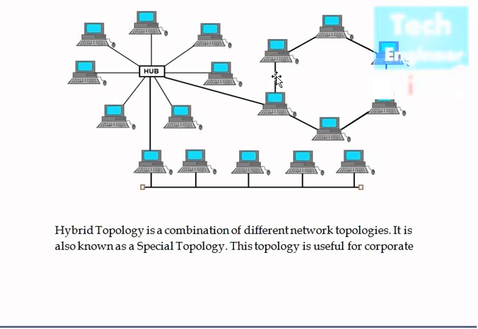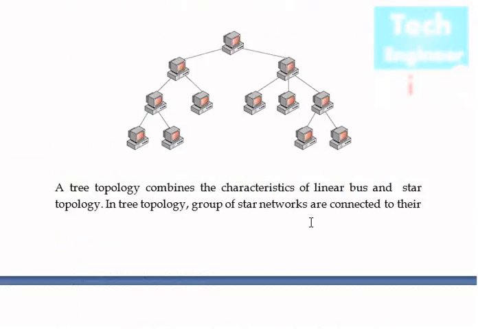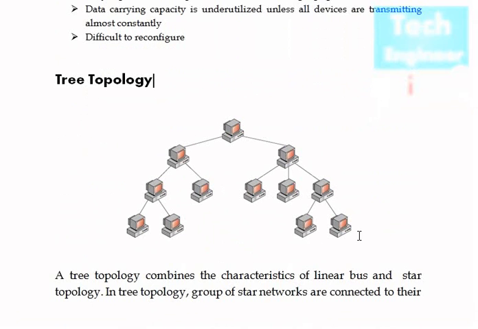So many multi-station access units are there. So this is hybrid topology, a combination of many networks, and tree is also kind of that, but tree follows like one stem is there and the branches are connected with each other.